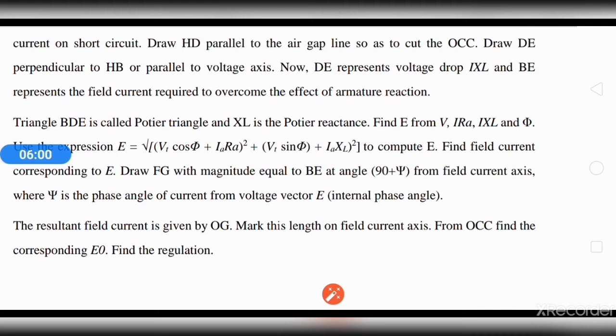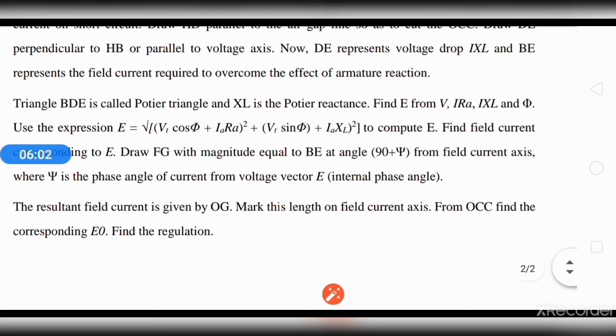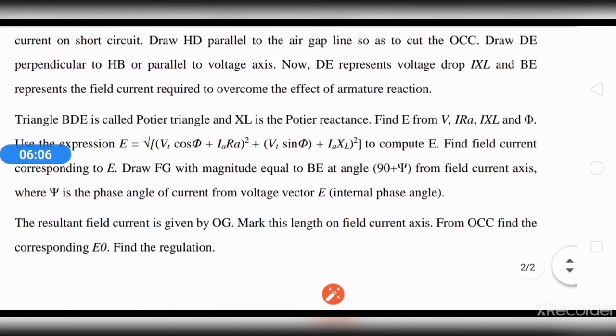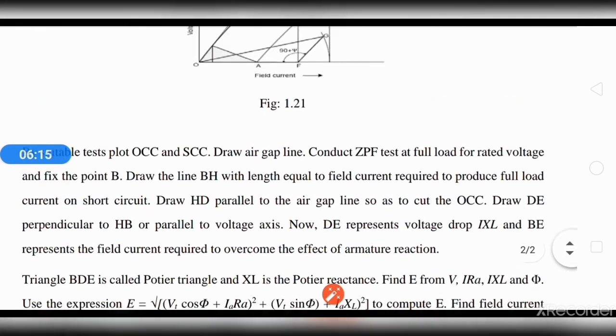The resultant field current is given by OG. Mark this length on the field current axis. From OCC, find the corresponding E0, and then we can easily find the voltage regulation.